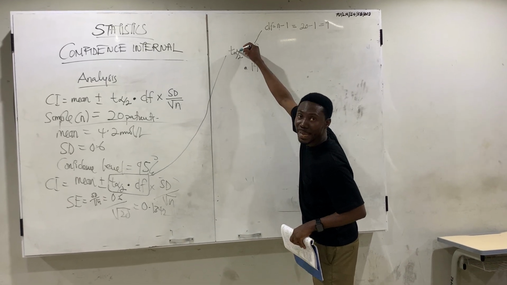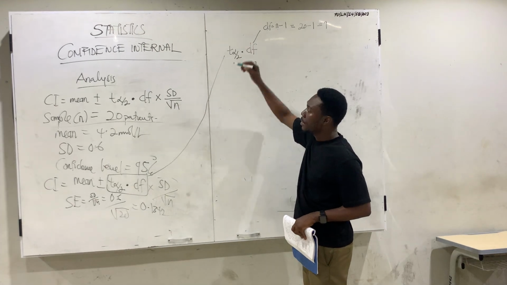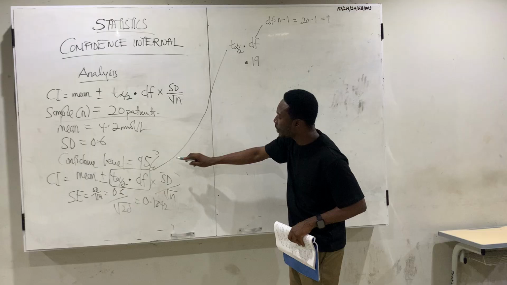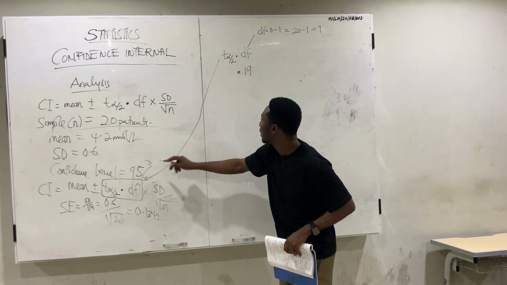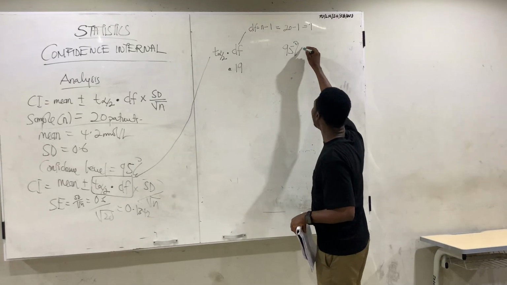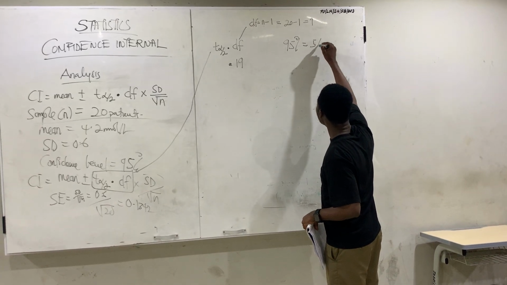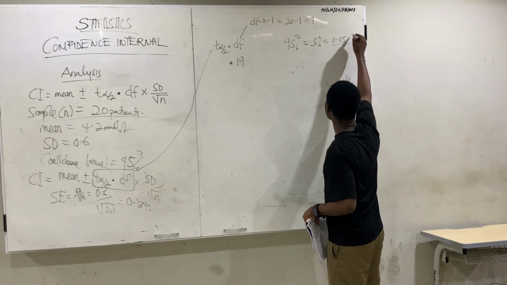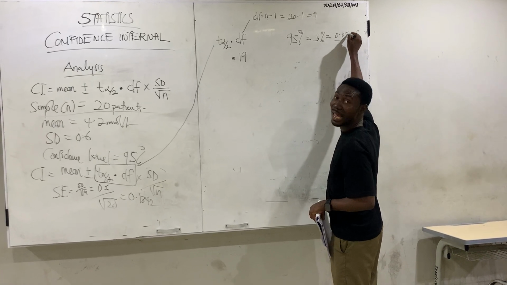This alpha here is the same as significance. But how do you get the significance? You derive it from the confidence given in the question. The confidence is 95%, so what it means is the significance is 5%, which is also equal to 0.05. This is what we call the alpha.